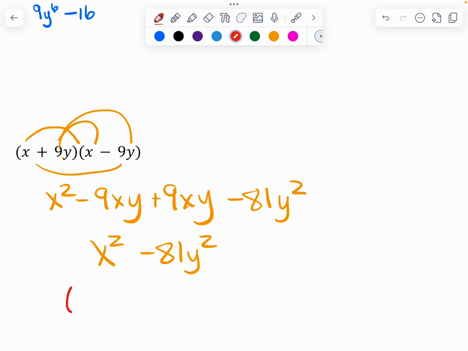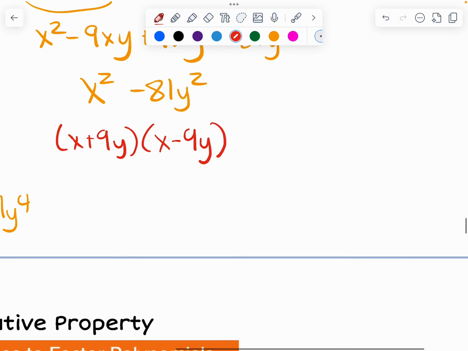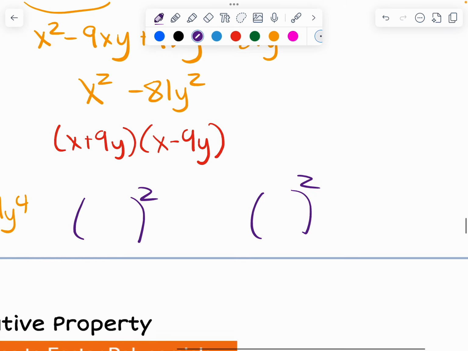But if I was to rewrite this as x plus 9y times x minus 9y, and I would just do the shortcut, the first one squared, the last one squared, and they have a minus sign in between.